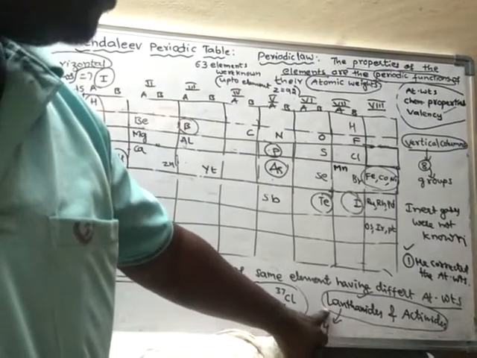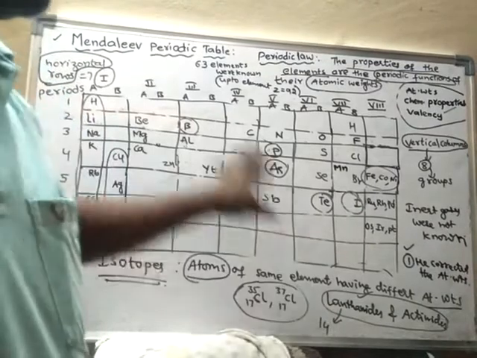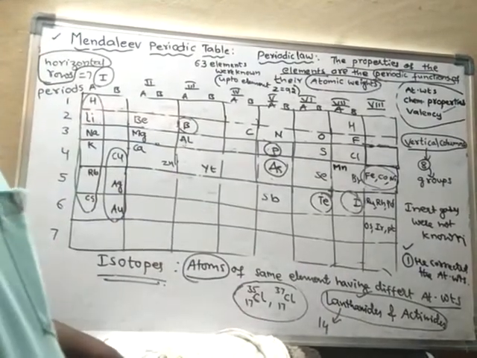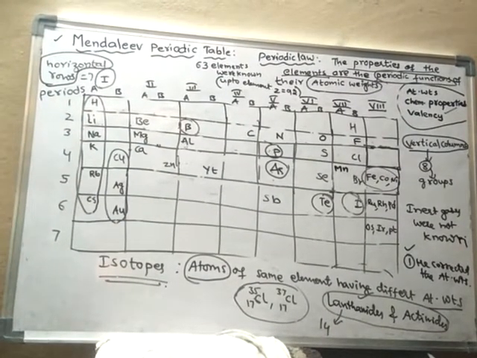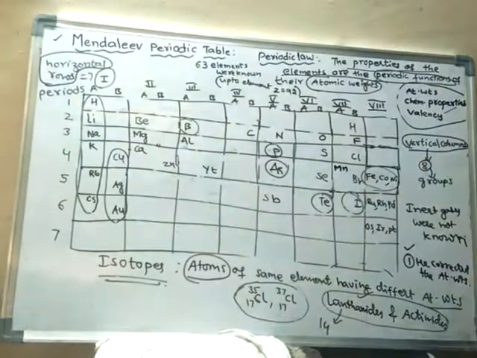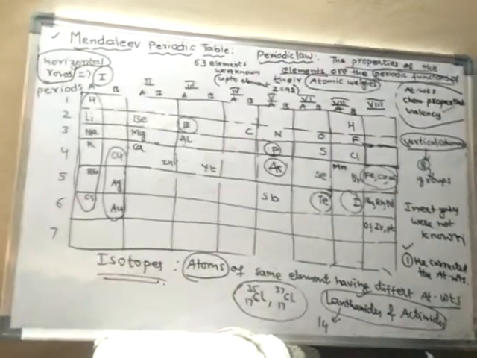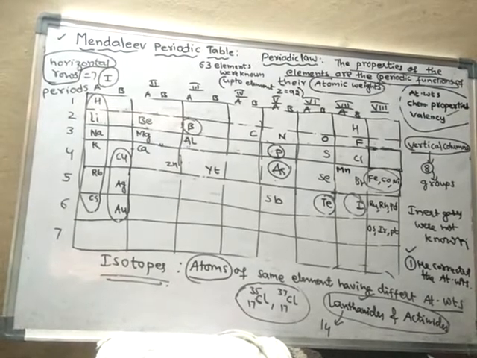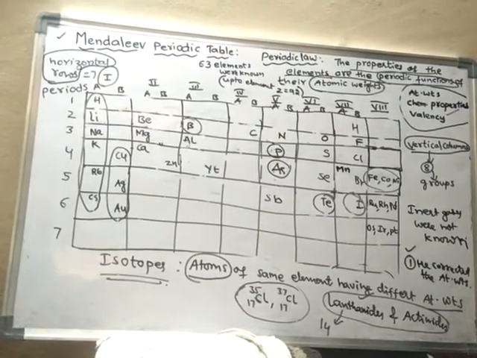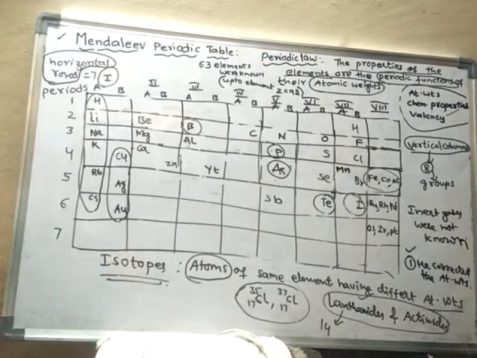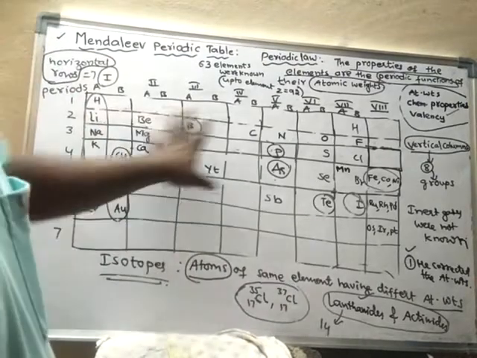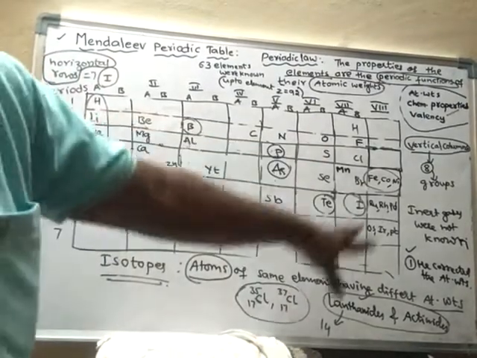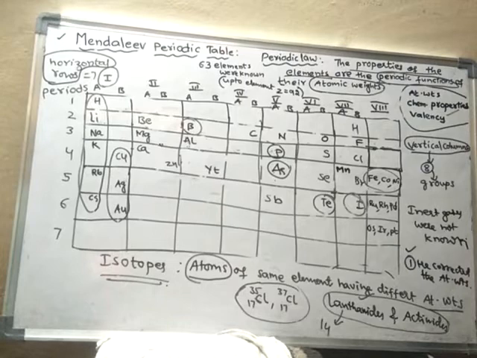He didn't separate lanthanides from the periodic table. In the original periodic table, lanthanides and actinides were placed in the main Mendeleev periodic table.